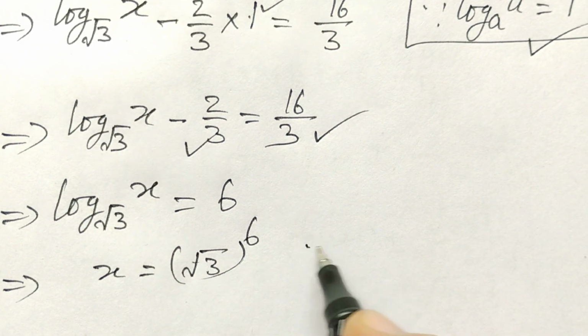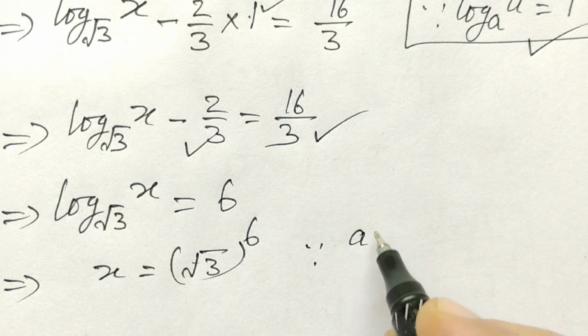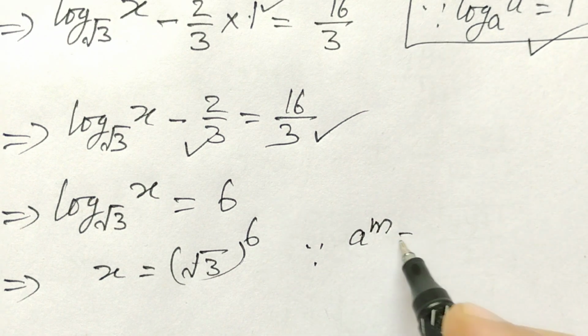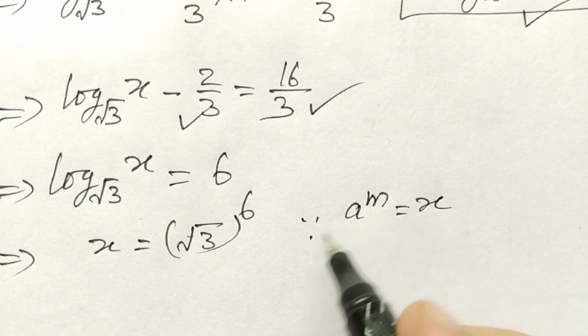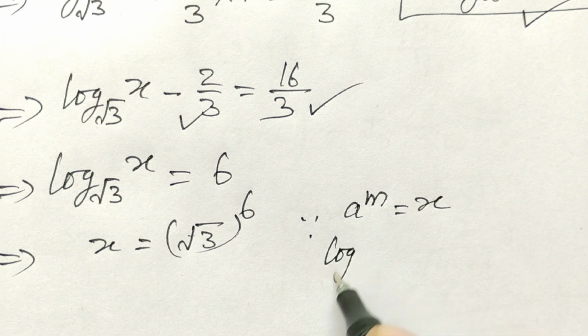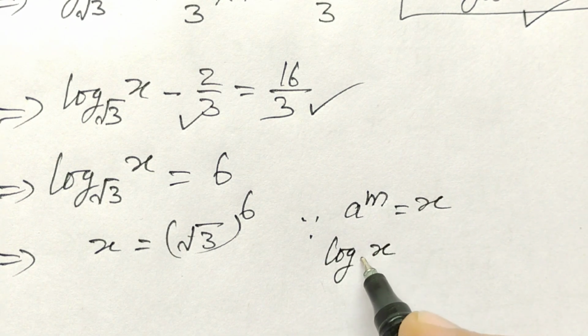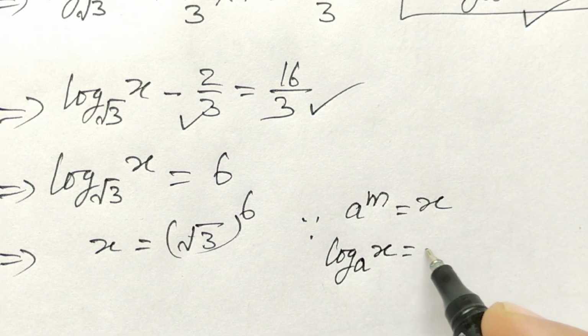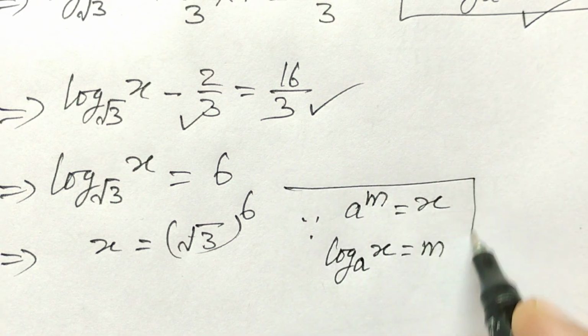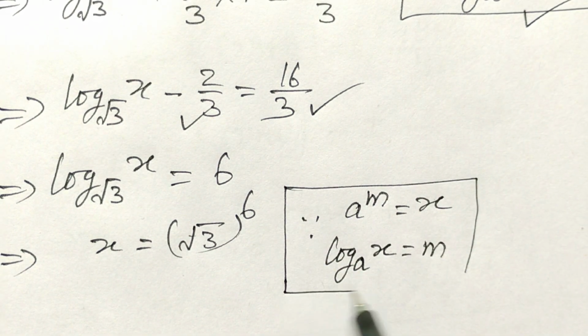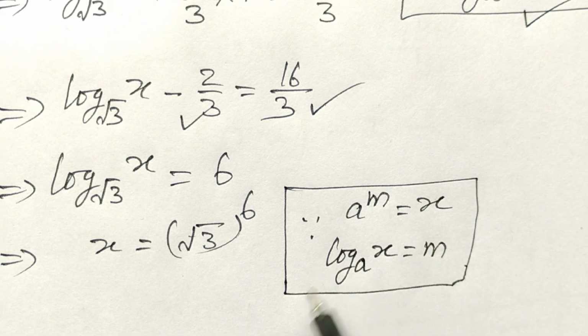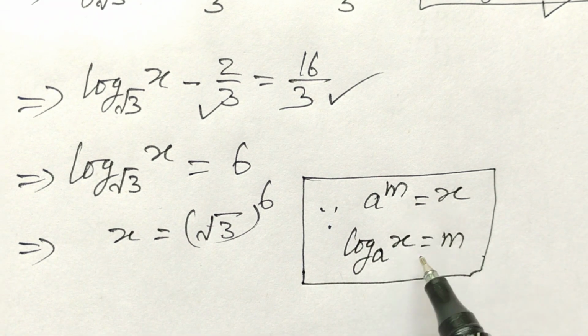So log of x to the base square root of 3 is equal to 6, right? So x will be equal to square root of 3 to the power 6. Reason? Because a to the power m is equal to x, so log of x to the base a will be equal to m. Exponential and logarithmic functions change like this.